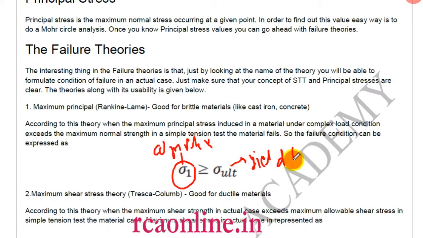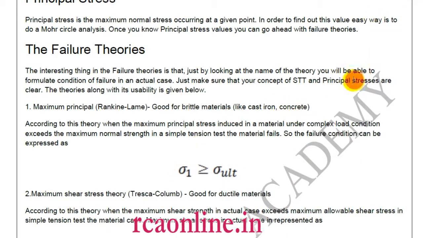But if this value is less, we will say that the material has not failed. So what is the factor of safety? Sigma y by sigma 1. This is a fairly simple value, and it is used for brittle materials like cast iron and concrete.